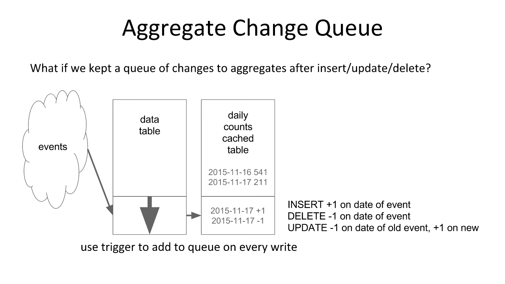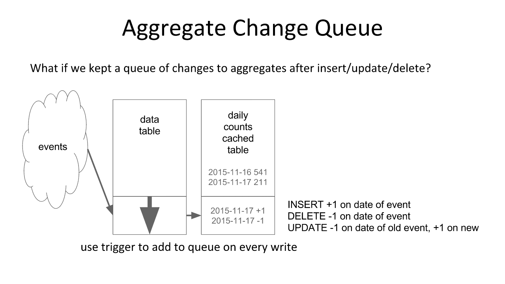And every time somebody inserts into the data table, we say, okay, the daily counts table now has to be updated, and it's for the 17th of November, and we just added a row, so the count has to be increased by 1. So we insert into the queue a 1, but we don't directly modify the materialized view.